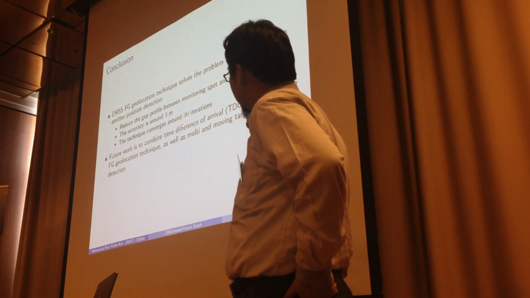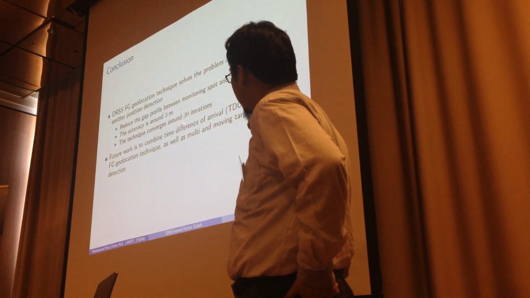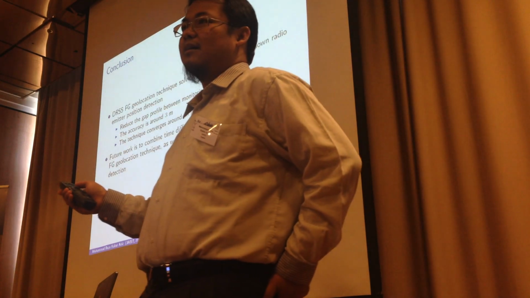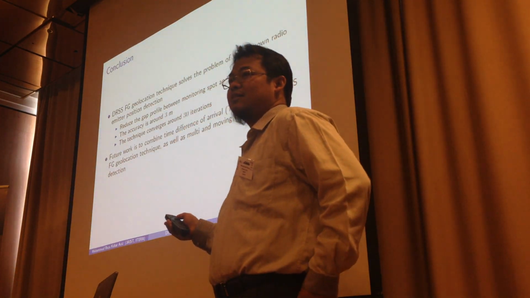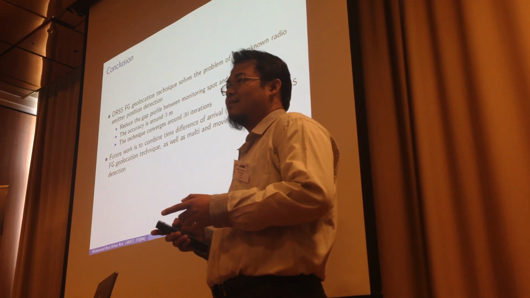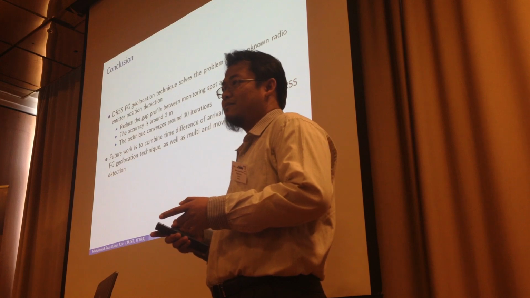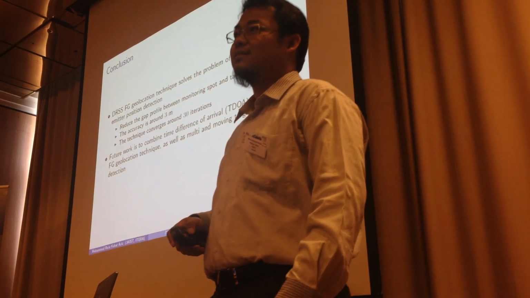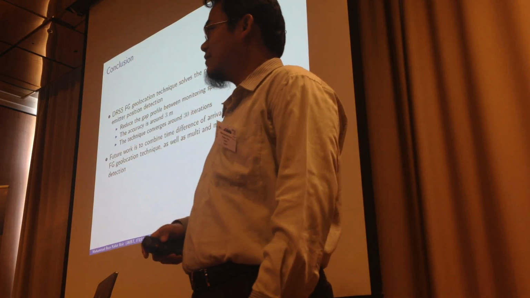It needs around 30 iterations. Our proposed technique is still only for a single static illegal radio, so we will extend it to multiple and moving targets in our future work.